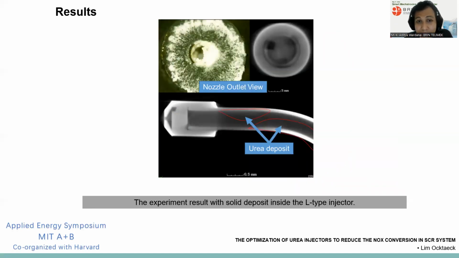This is the result we got: the L-type has solidification inside the injector. This is why the quantity of the L-type is not as high or similar to the I-type. The solid deposit formation by urea hampers the distribution of urea in the L-type injector, so the quantity of urea here is reduced because of this problem.